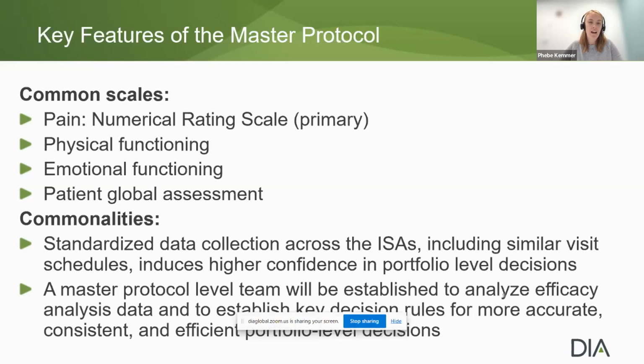For some of the disease states, we do have some specific disease state pain assessments like WOMAC pain, for instance, for osteoarthritis. We also collect several physical functioning scales, emotional functioning scales, quality of life scales, and the patient global assessment of change that assesses how patients perceive that they're improving over time.